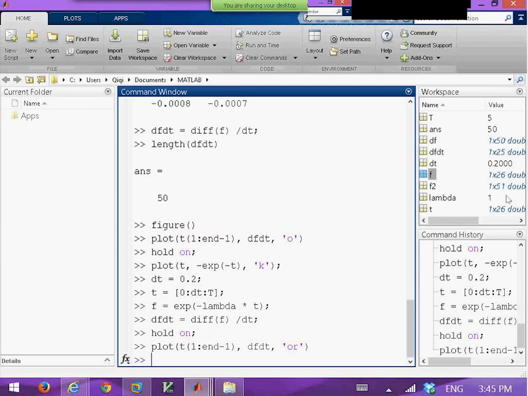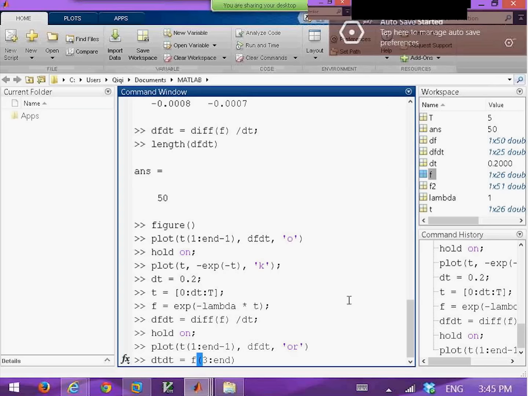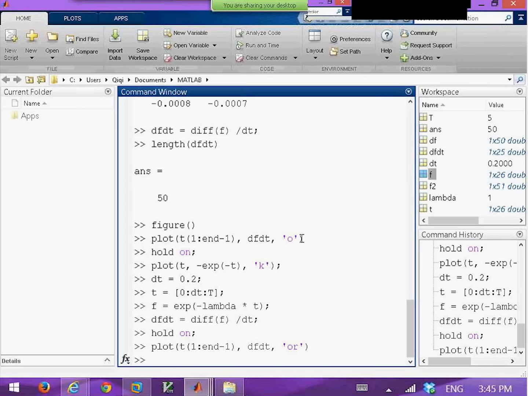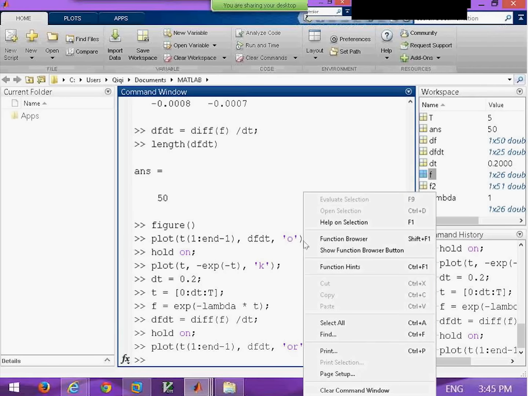Okay, so going back to MATLAB, if I want to say df dt, now I can no longer do diff, right? I have to do f of 3 to n. What does 3 to n mean? Let me clear the workspace and the command window so that you can see better.